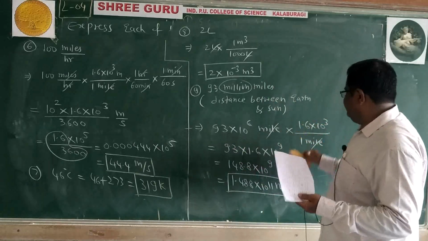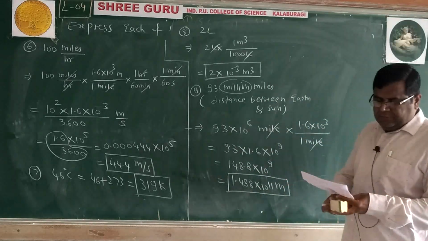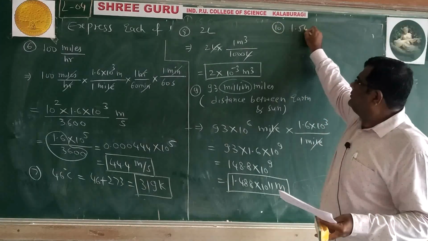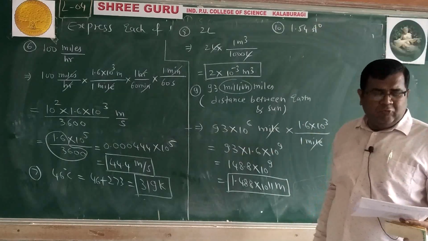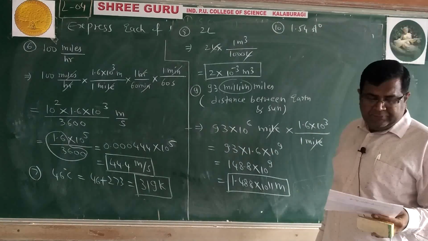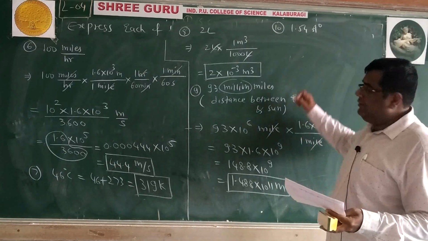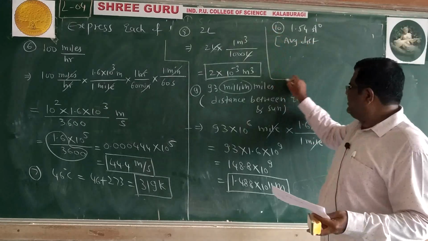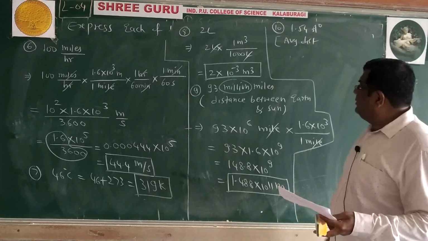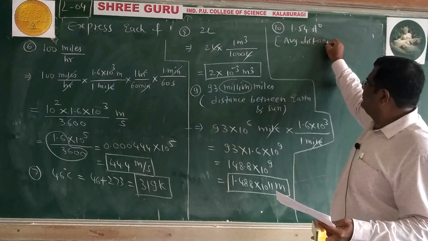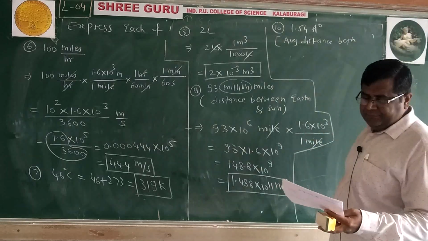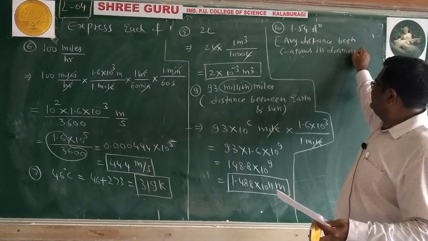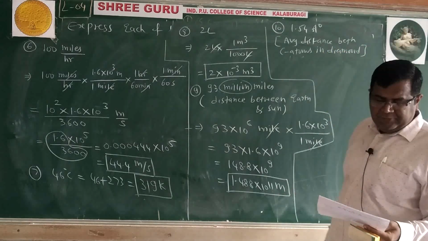The next one is 1.54 angstrom unit, and that is nothing but average distance between carbon atoms in diamond, and that we have to convert into meters.